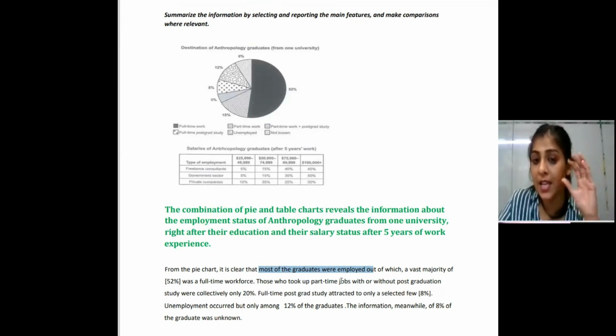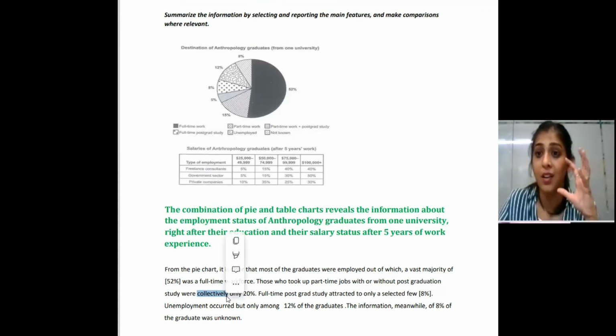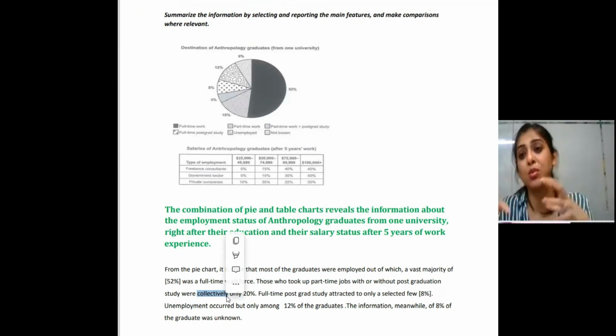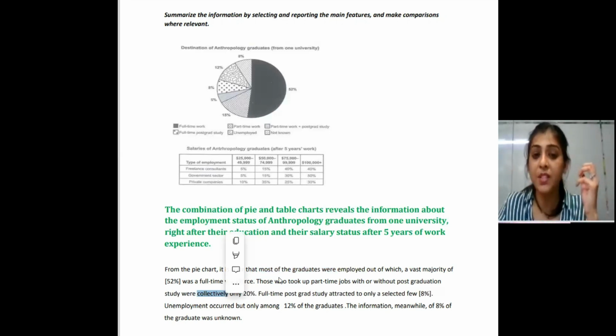Those who took up part-time jobs with or without postgraduate studies were collectively only 20%. The word collectively here means that I am presenting the sum total of two different features. Got it?